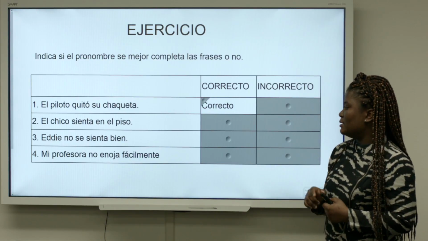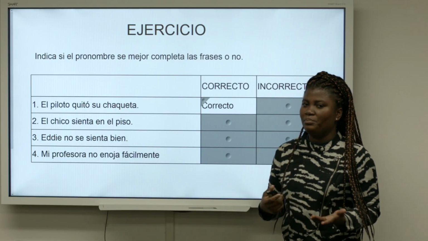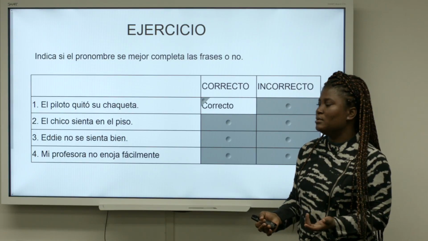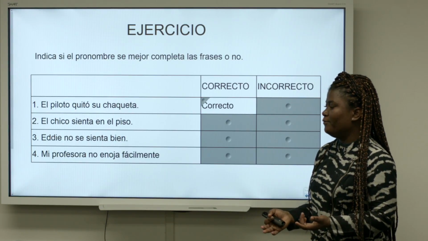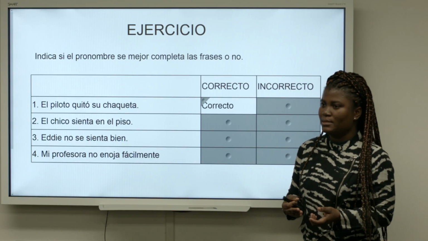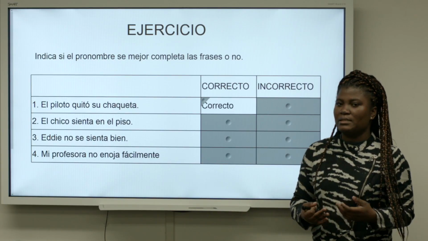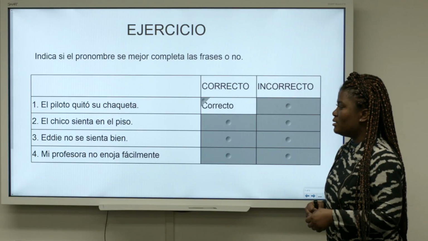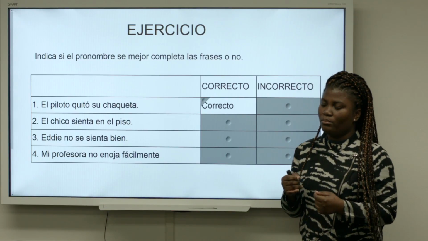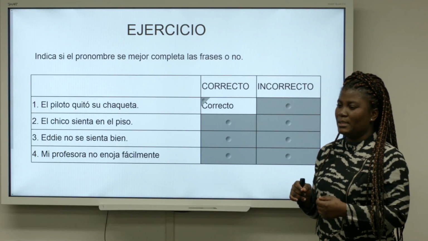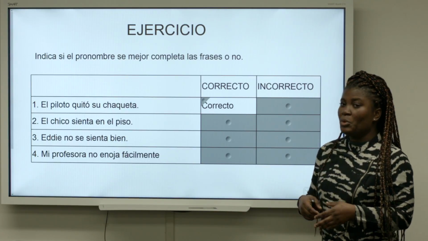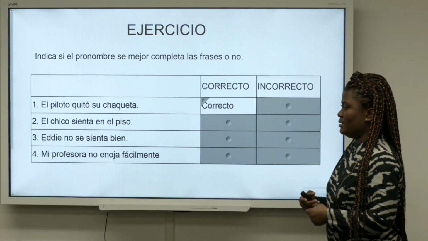Now we have the second sentence. El chico sienta en el piso. The boy sits on the floor. So the verb is sentarse, which means to sit down. This is because when you sit down, the subject of the verb sentarse is the same person who receives the action of the verb sentarse.